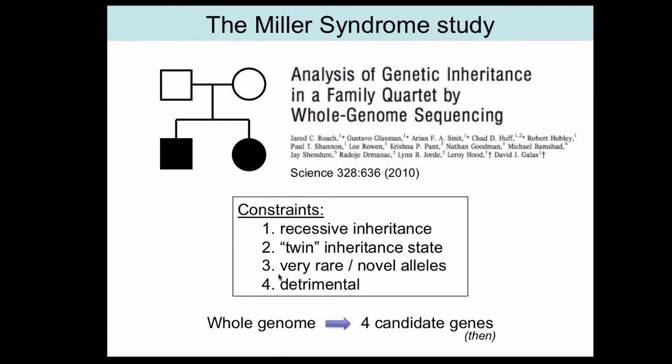Again, the disease is very rare, so we expect the variants to be very rare or completely novel. And naturally, we expect the variants to be detrimental. Using these 4 constraints, out of the entire genome, we identified just 4 candidate genes, and that was back then. If we were to repeat the same analysis today, we would dismiss 2 of those variants as false positives.